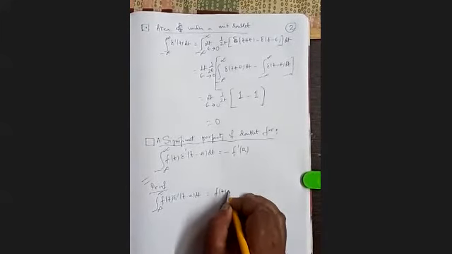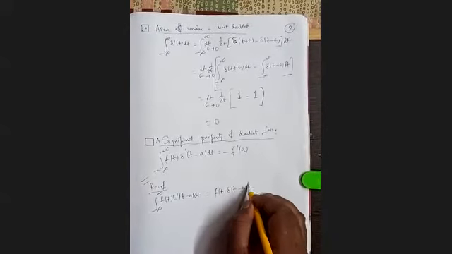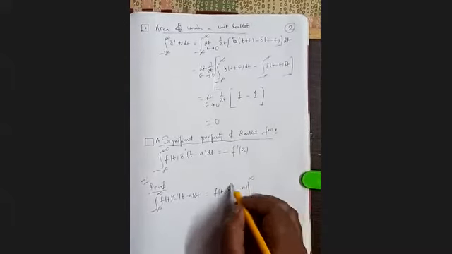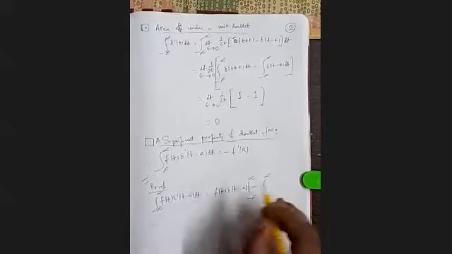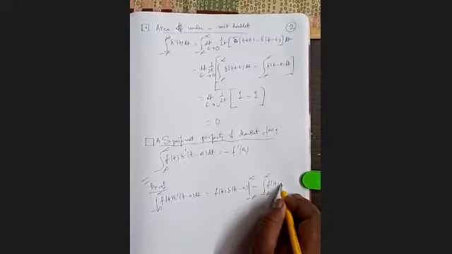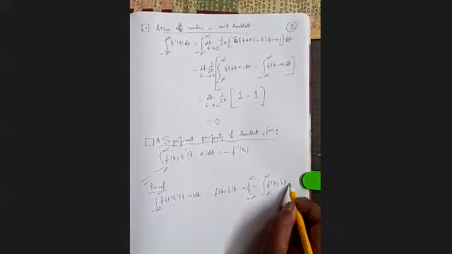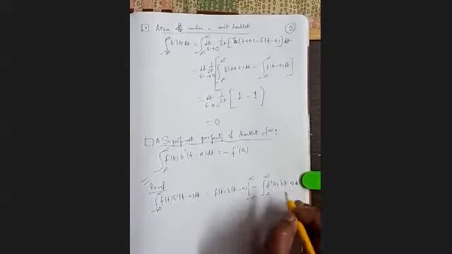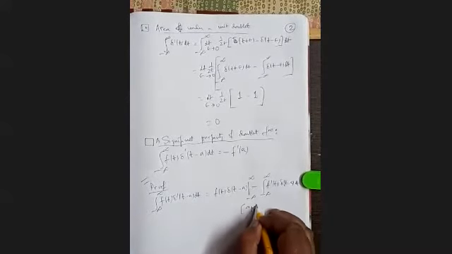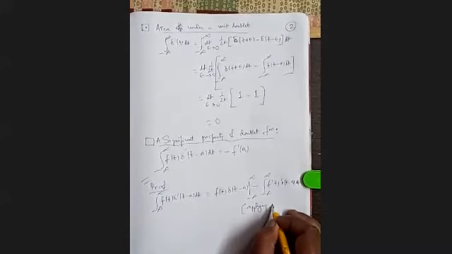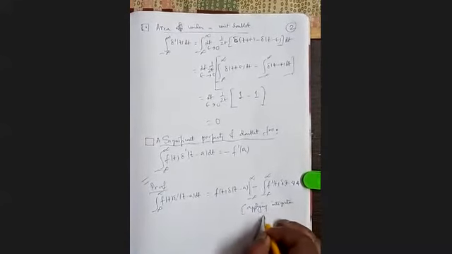So it will be f(t), integration of delta dash is delta (t minus a), from minus infinity to plus infinity, minus the derivative of the first function, f dash t, into integration of the second, which is delta (t minus a) dt. So it is applying integration by parts.